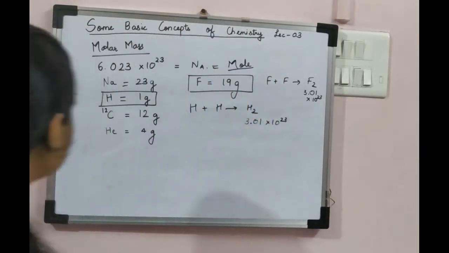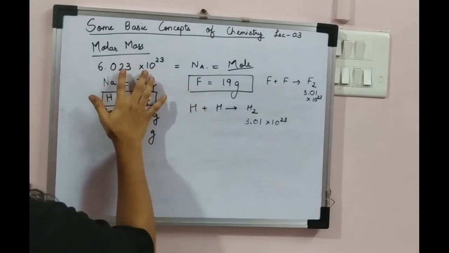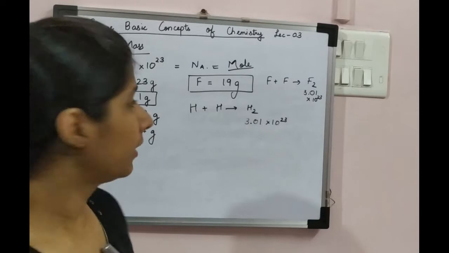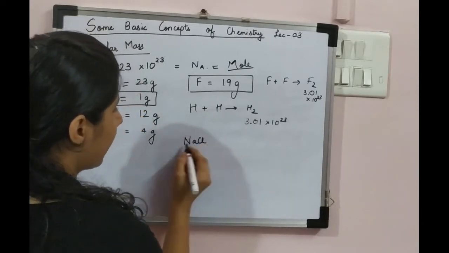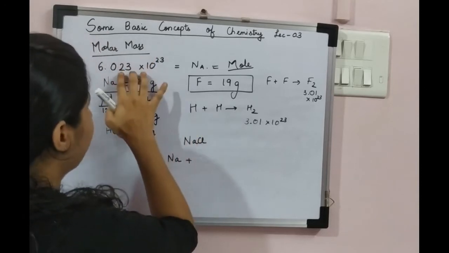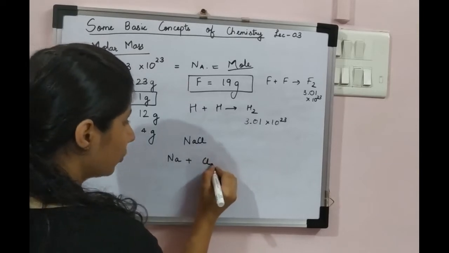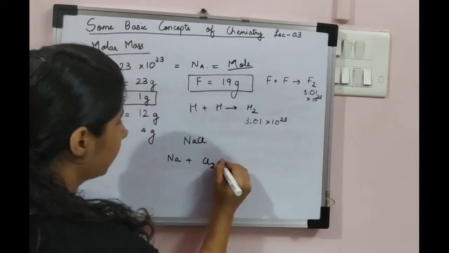Okay. Now when I take the atomic mass units in grams, I get the total number of molecules or atoms of that entity, right? Now this can also be done with compounds. Now if I take NaCl and say I have taken 1 mole, which is Avogadro number of Na atoms, and chlorine exists as Cl2, right? Chlorine exists as Cl2.